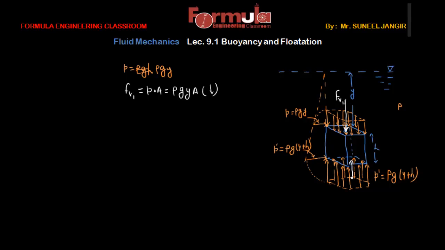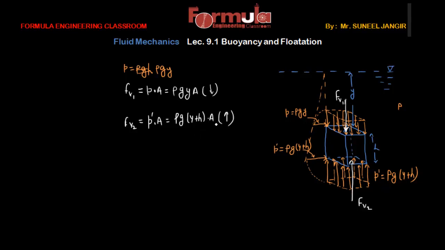Similarly, we can calculate the force exerted by the pressure intensity P dash on this lower face, FV2. So I can write FV2 is equal to P dash into A. What is P dash? P dash is rho g (y plus h), that is the pressure intensity, into A, and this is acting in upward direction.